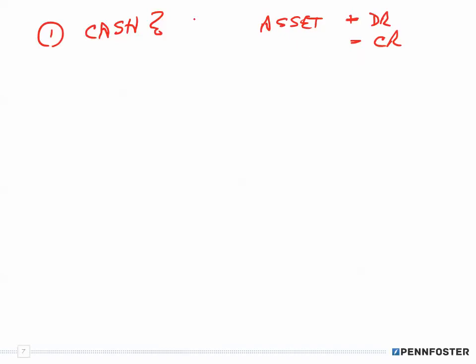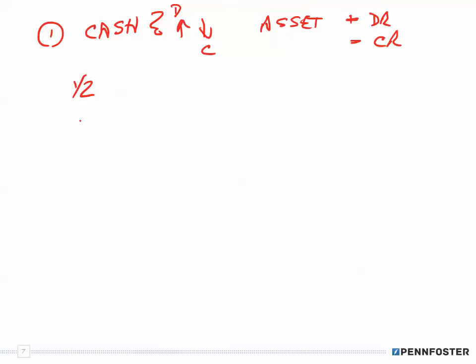When we figure out whether cash is going up or down, whether we debit or credit it, that's half of our transaction. And we do that again and again. It should become a no-brainer.